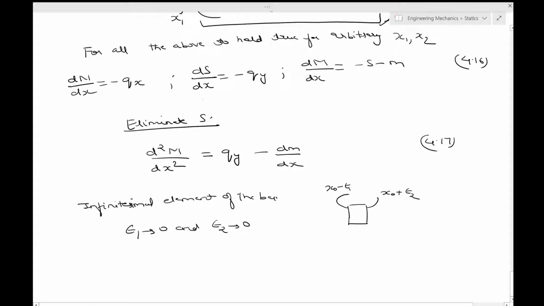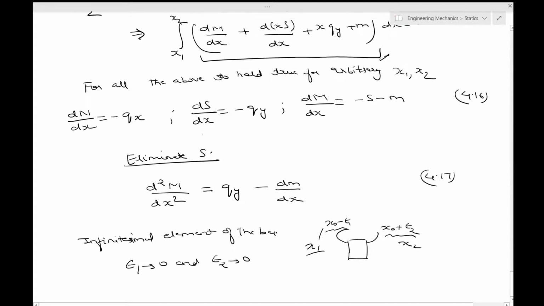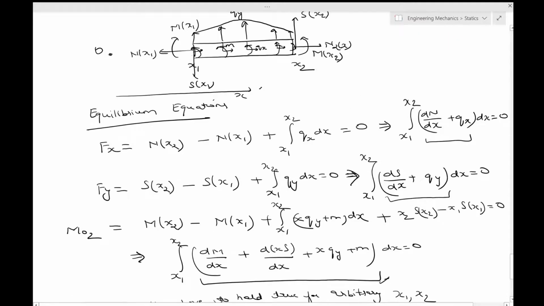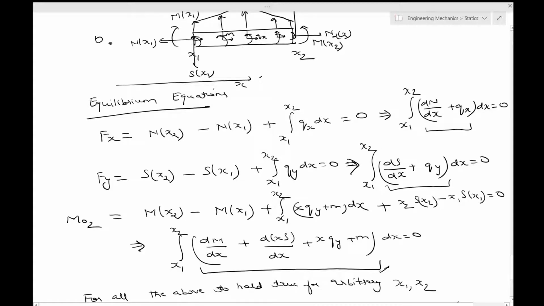So what you have to do is just call this as x1, call this as x2 in these equations. So x1 is x naught minus epsilon 1 and x2 is x naught plus epsilon 2.